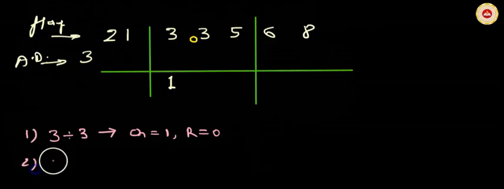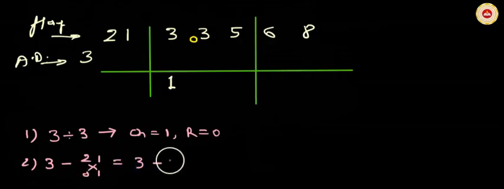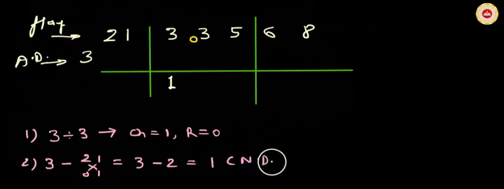Yes, gross dividend 3, minus what to subtract? Cross product of 2 flag digits and last 2 quotient digits, 2, 1, 0, 1. There's nothing here previous to this 1, so I wrote 0 here. So calculate the cross product, which gives us 3 minus 1 multiplied by 2 is 2, which gives us 1, and this 1 is net dividend.